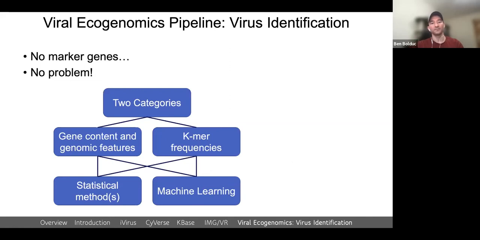And then beyond that, to give you the flavor, you have these two categories, major philosophies of thinking. But then you can apply statistical methods or machine learning or both to each of them. So if you have gene content, you can use statistical methods based on that, like, hey, I've got 5 hallmark genes, and so the chance of this being a virus is 100%.